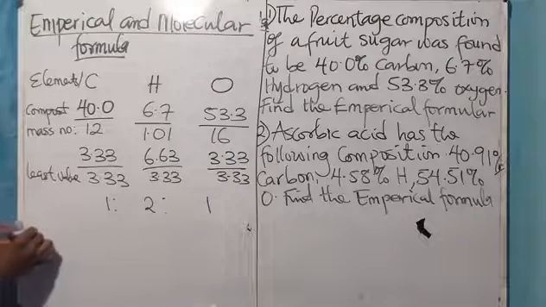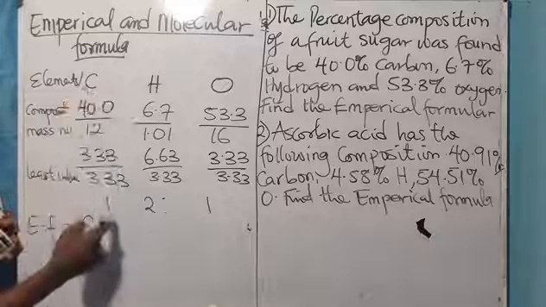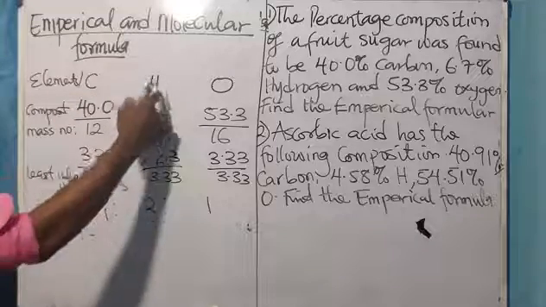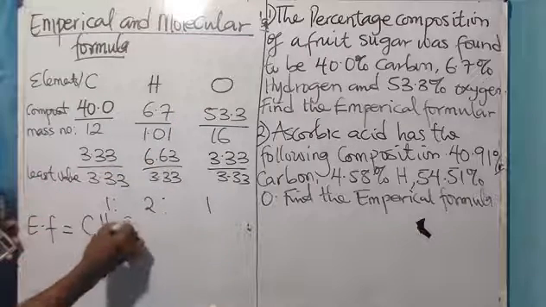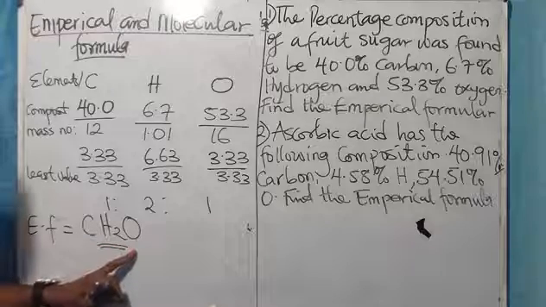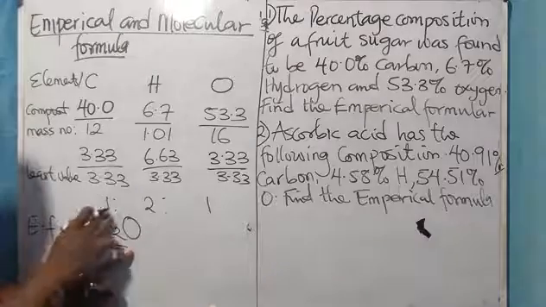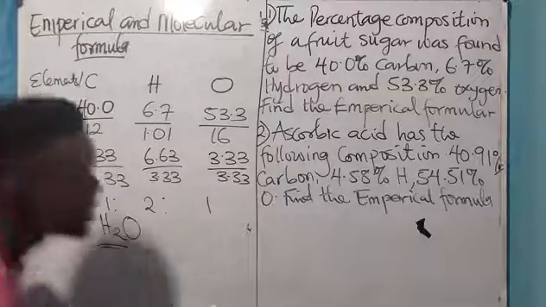Therefore, you see the empirical formula of this compound becomes C1. You need to write C1, just write C. Then H2. Then O1, just write it as O. So this is the empirical formula of this compound, with ratio 1 to 2 to 1. The next one is ascorbic acid.